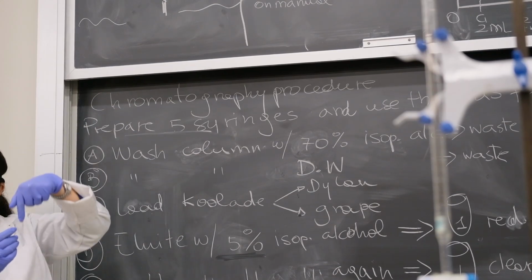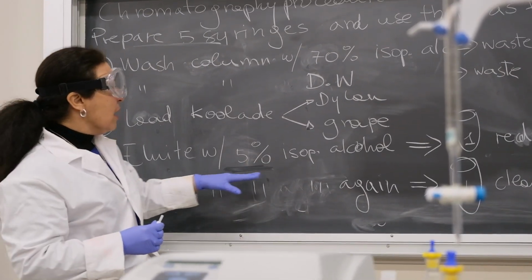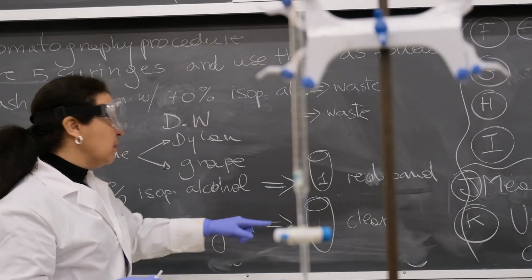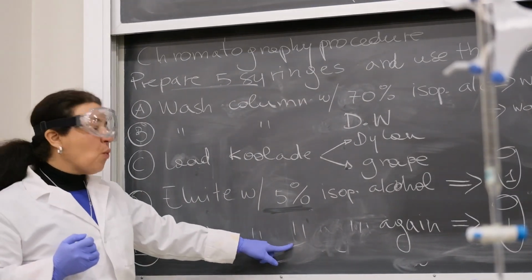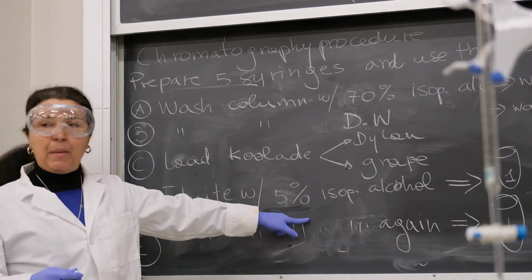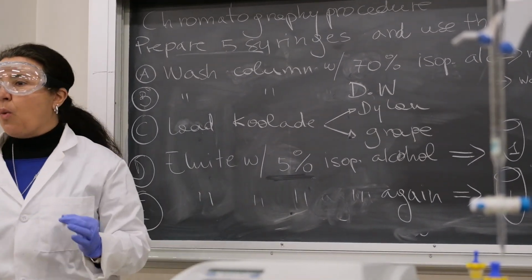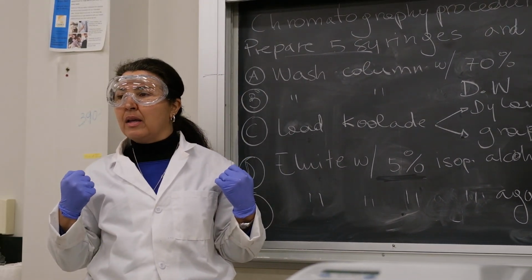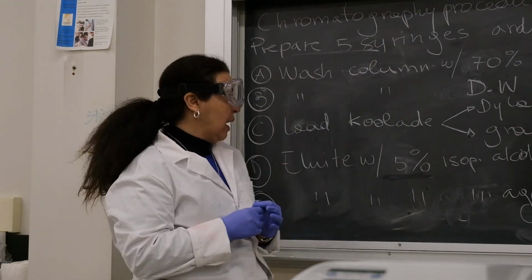Elution means to push down the solvent, like you saw with the deionized water, and you obtain the first red band. To collect all the red, you add one more syringe of 5%. They're always 10 milliliters. We need to know why they are 10 milliliters, because then we have to figure out what the concentration is, using M1V1 equals M2V2, okay?